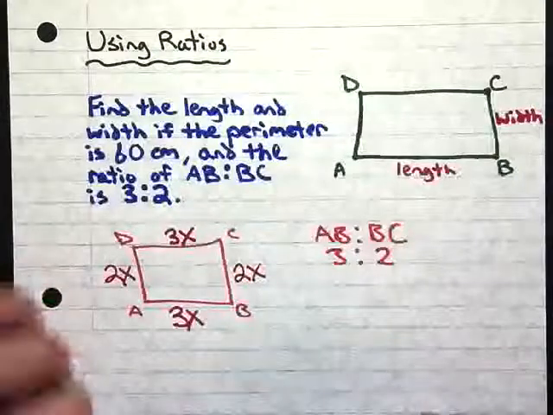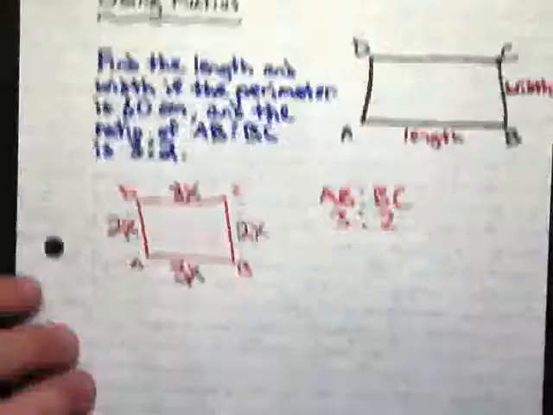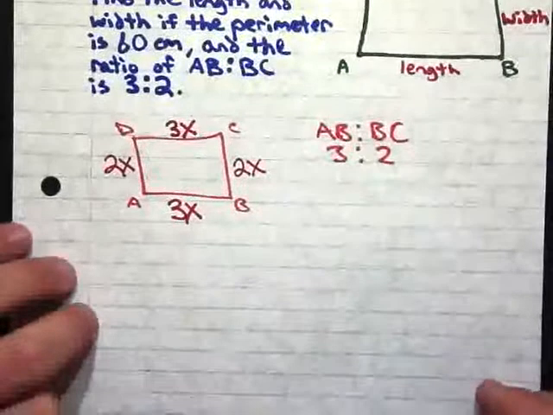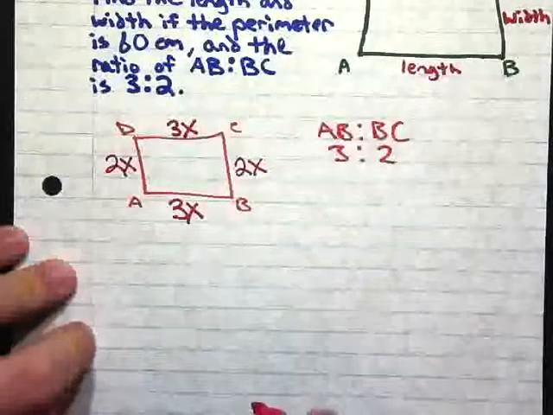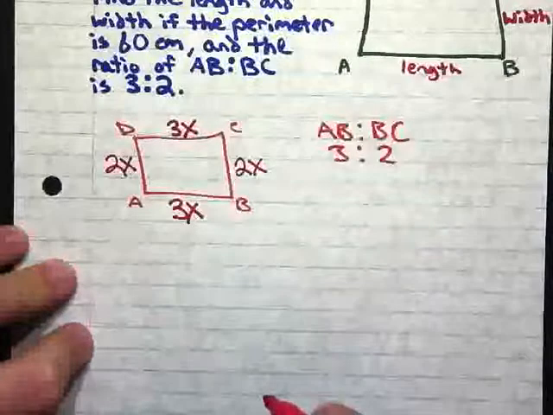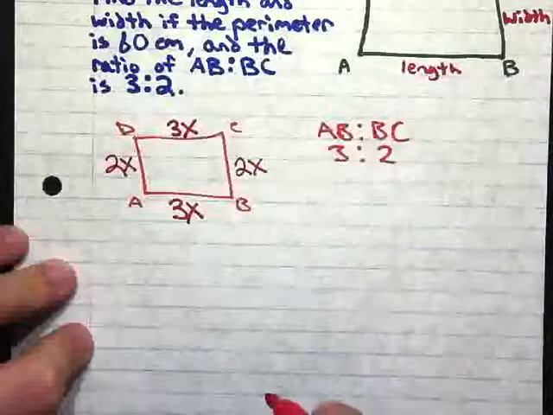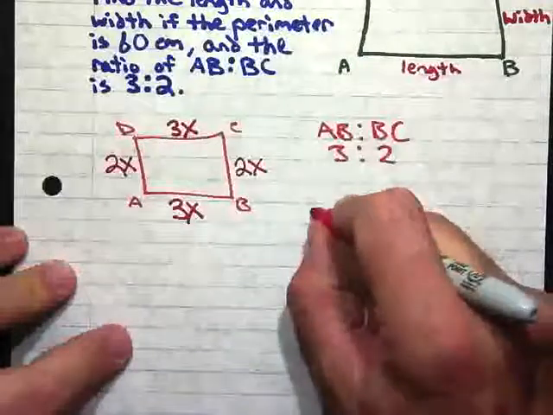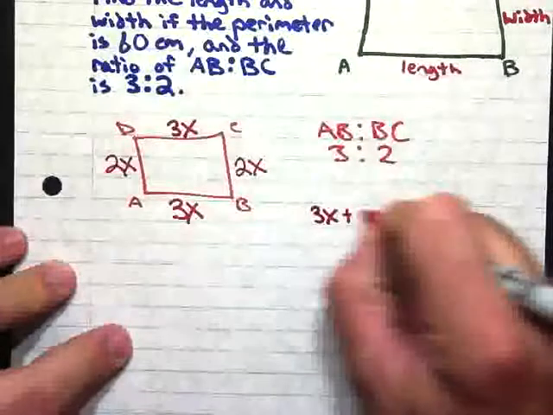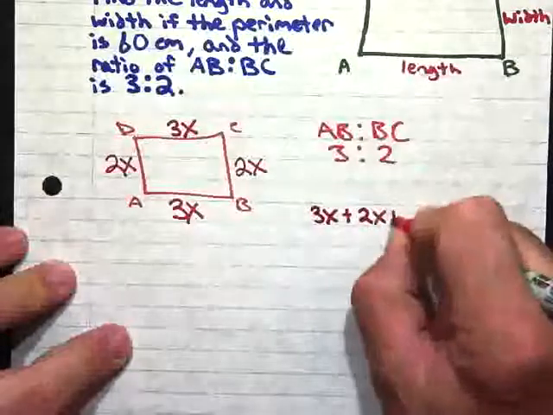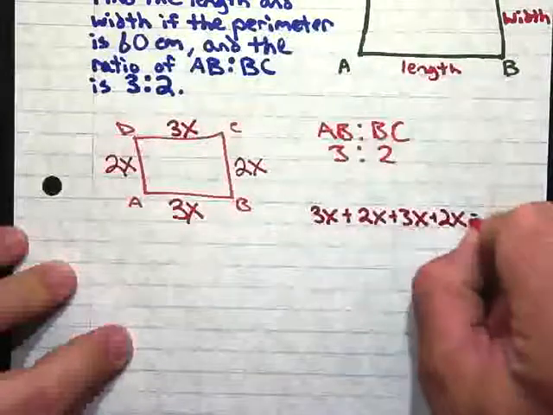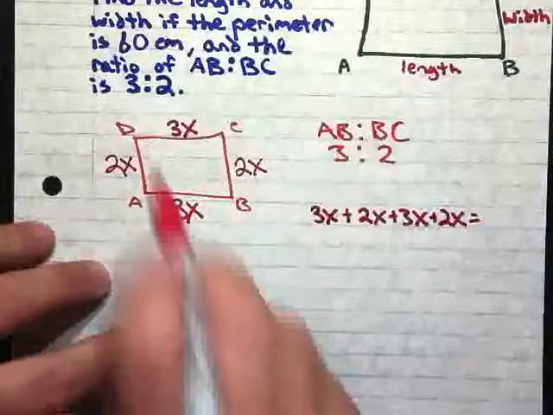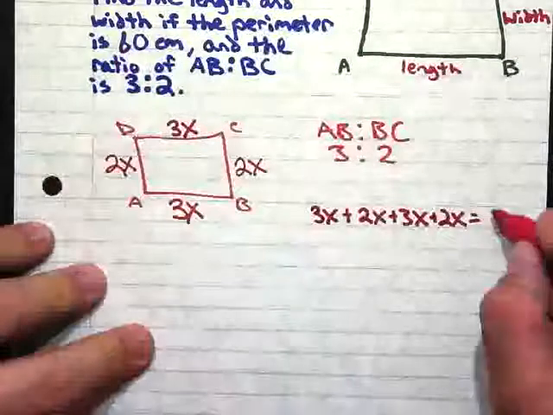Because we're dealing with perimeter, we want to add the length of all 4 sides of our rectangle and set it equal to our perimeter. So we take 3x plus 2x plus 3x plus 2x, and set that equal to 60 centimeters, because that's our perimeter.